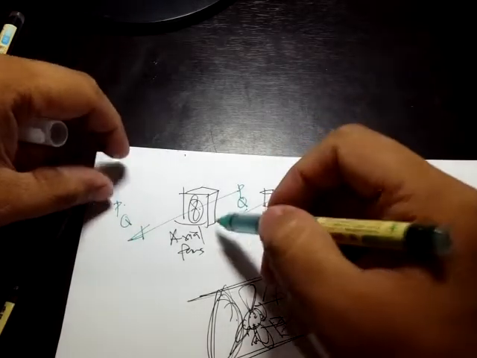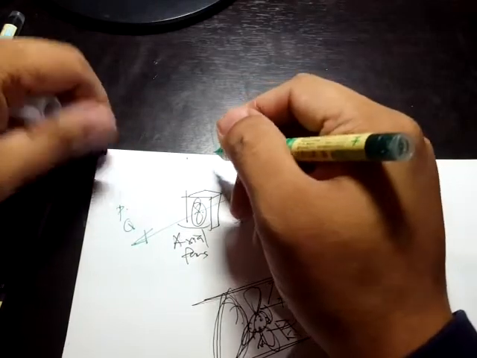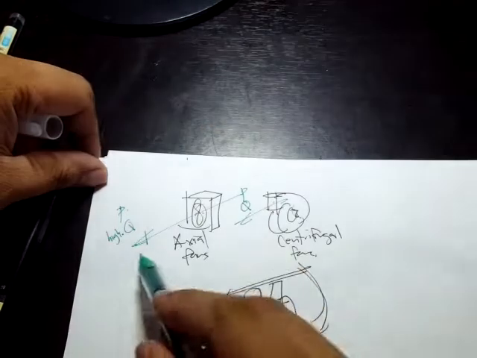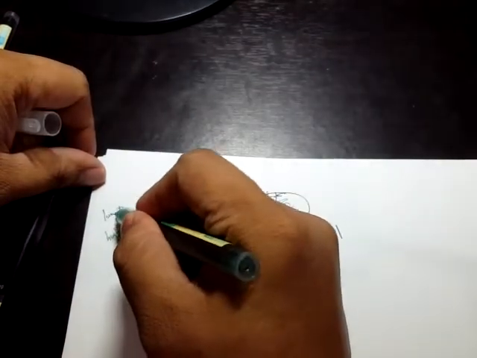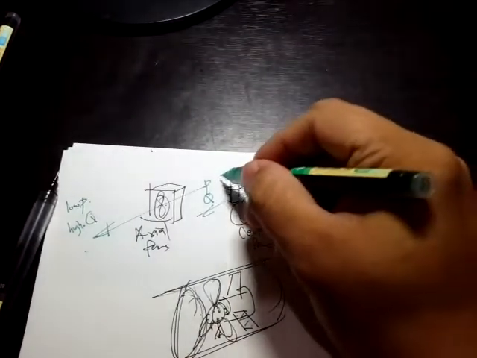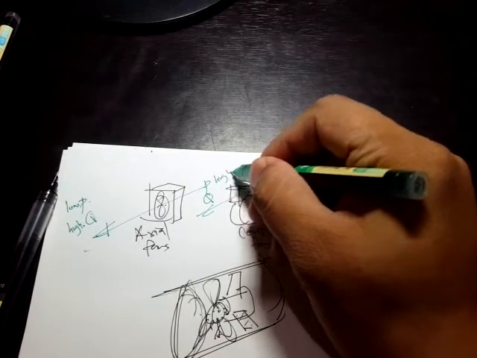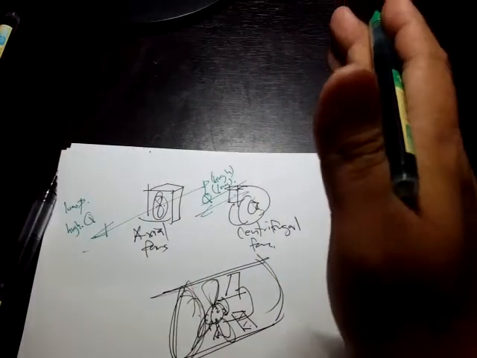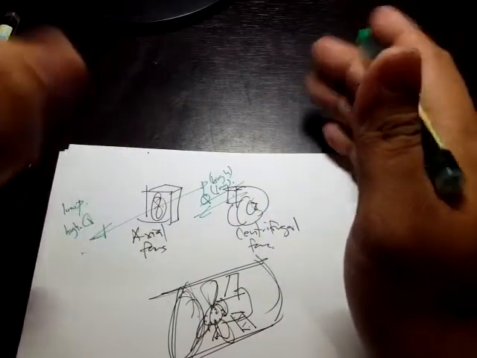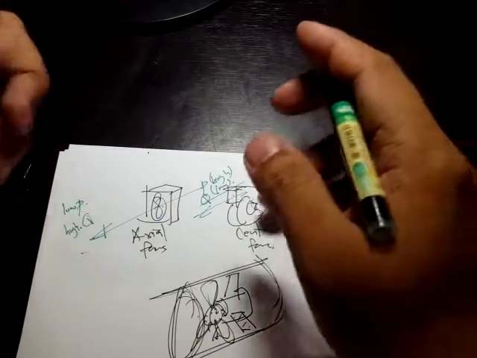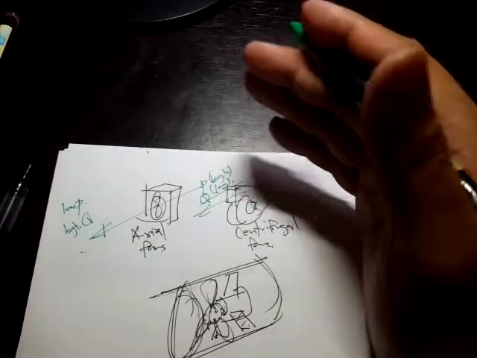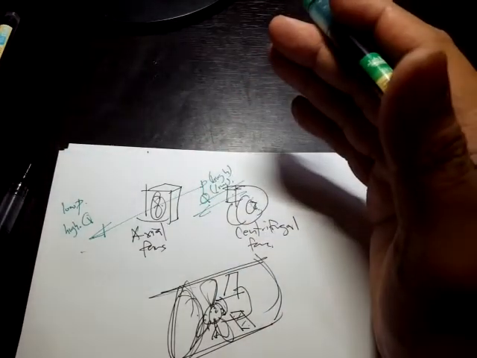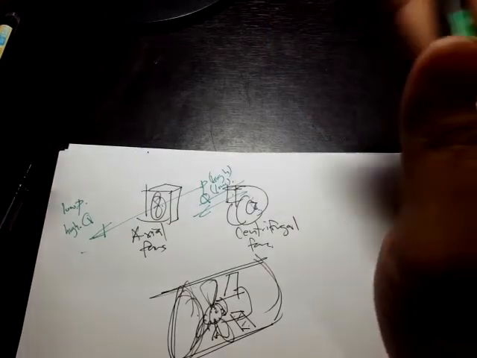So for axial fans, usually they are known for high flow rate but low pressure. For centrifugal fans, they have high pressure but low flow rate. So depending upon the applications, you choose axial fans or centrifugal fans. You'll notice that, for example, in ventilation systems, you want a high flow rate because we want more fresh air.